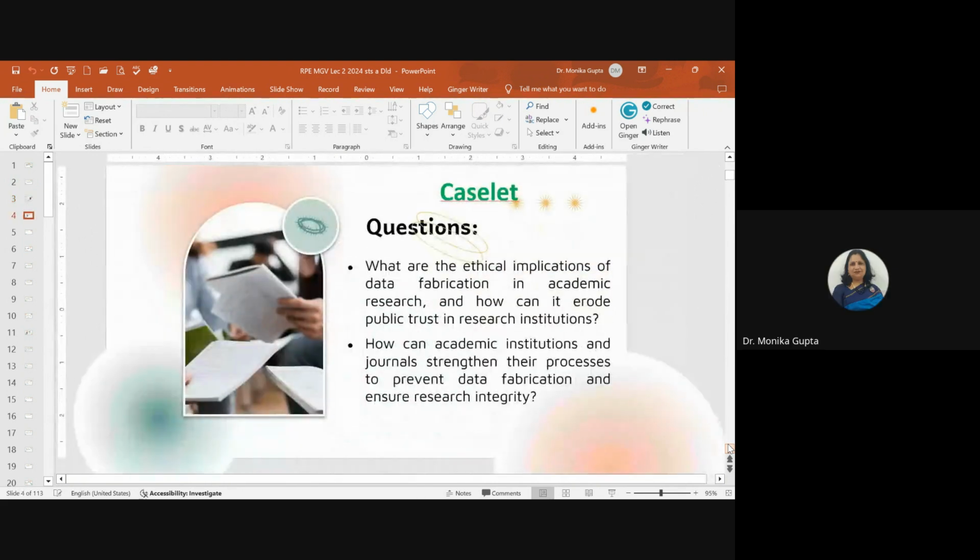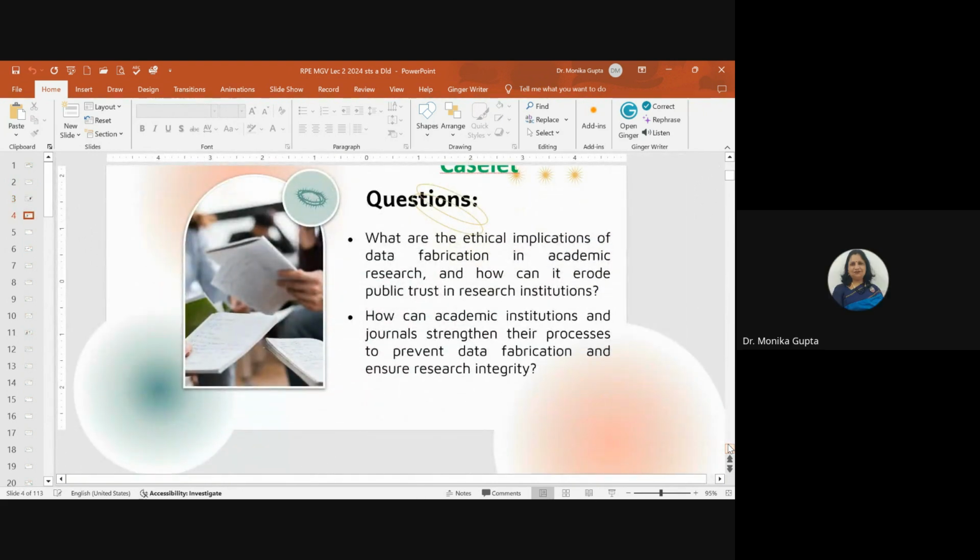Okay. So the questions are, what are the ethical implications of data fabrication in academic research, and how can it erode public trust in research institutions? And the second, how can academic institutions and journals strengthen their processes to prevent data fabrication and ensure research integrity?